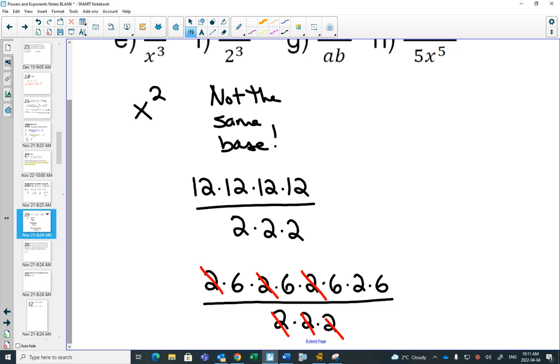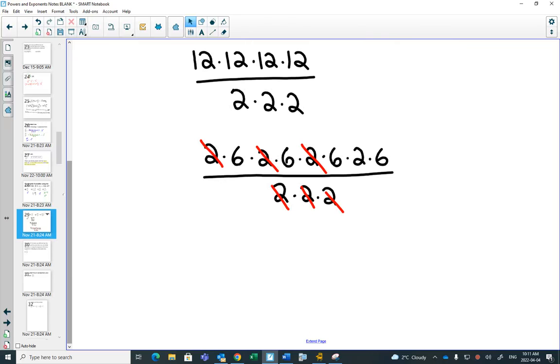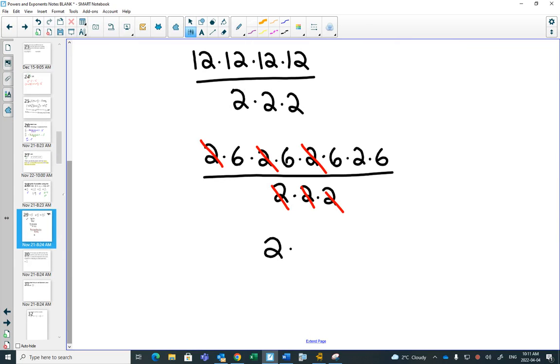And then I'm left with 6 times 6 times 6 times 6 times 2. I guess technically I could write that as 2 times 6 to the 4, which we simplified a little bit without a calculator. But a lot of questions like this, you could use your calculator.